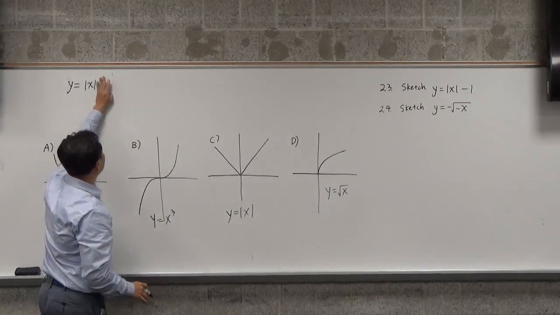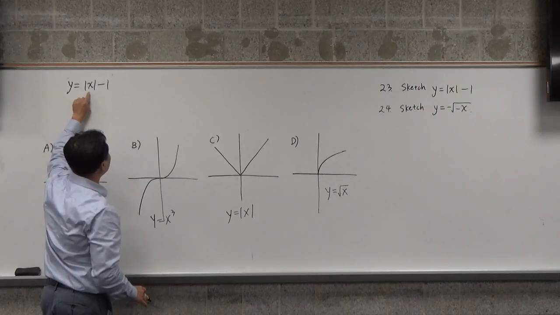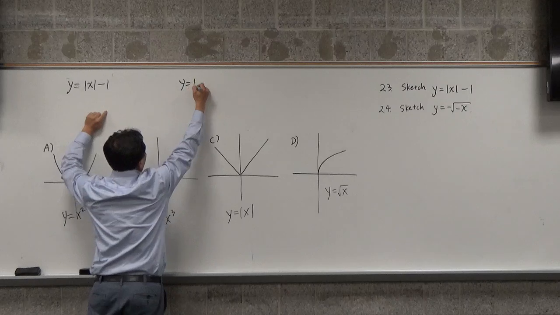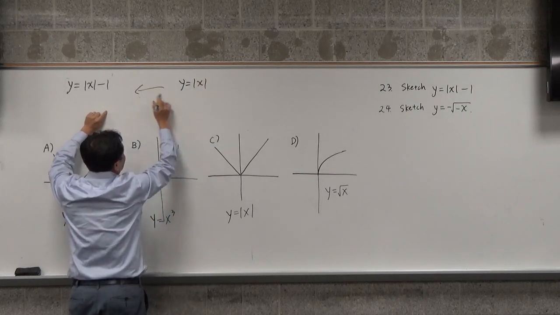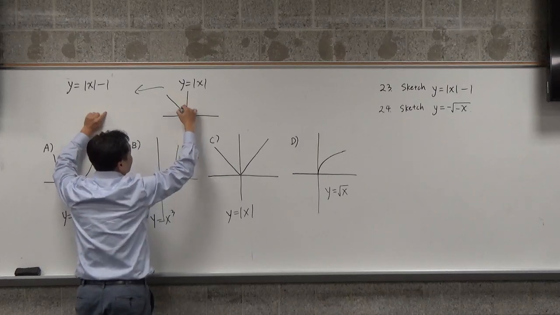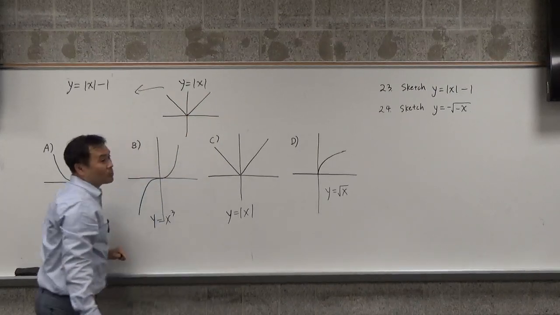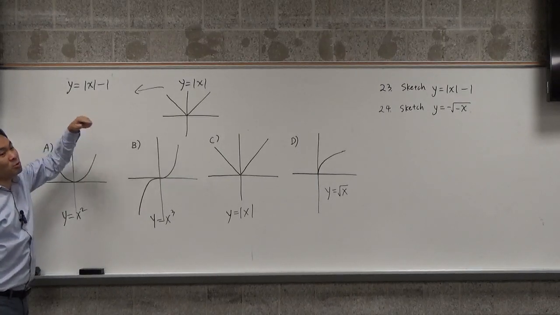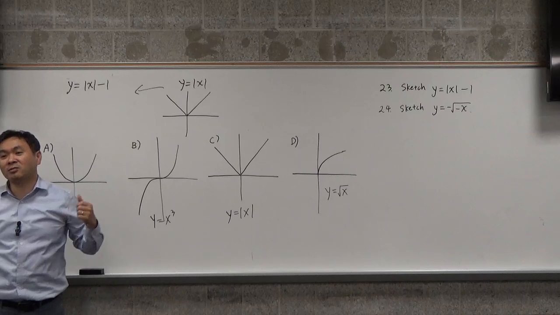So if you get rid of all these numbers, you get the original function that you had. So this comes from y equals absolute value of x, right? But what's the graph of y equals absolute value of x? The V-shaped graph, right?